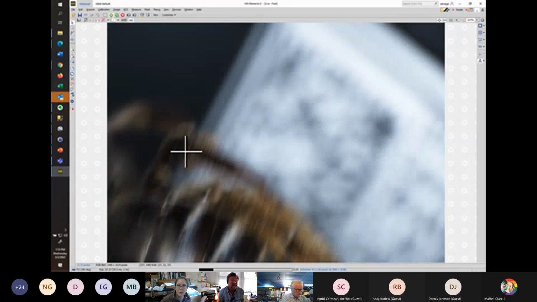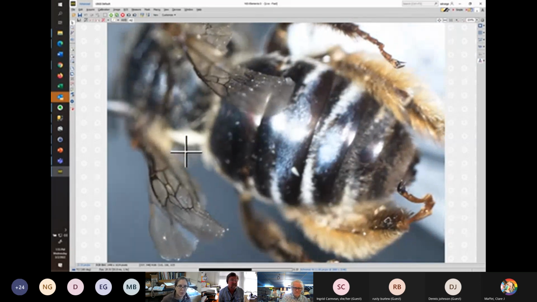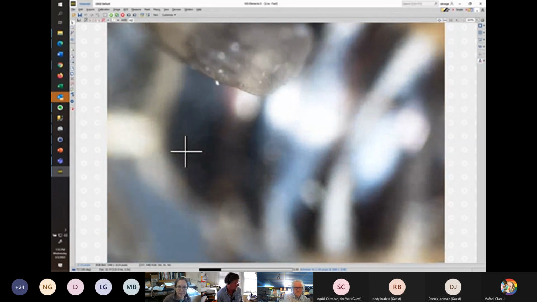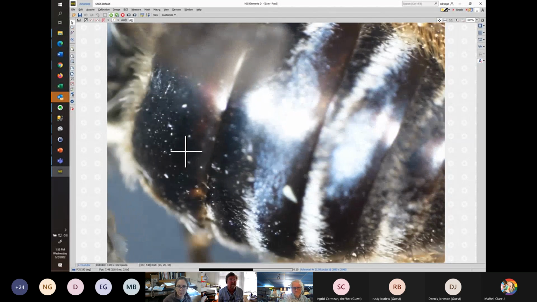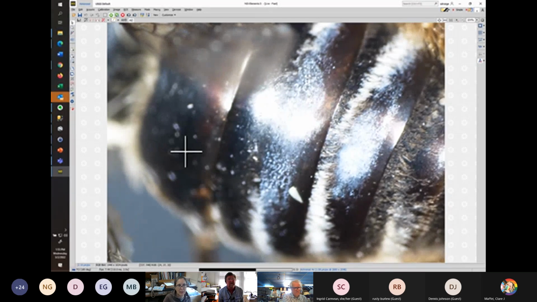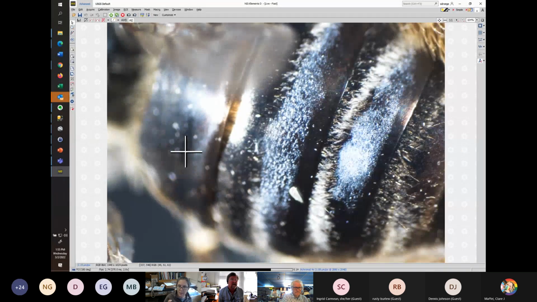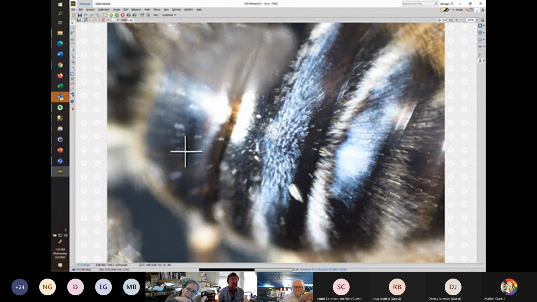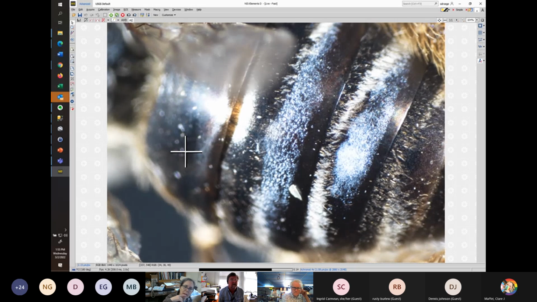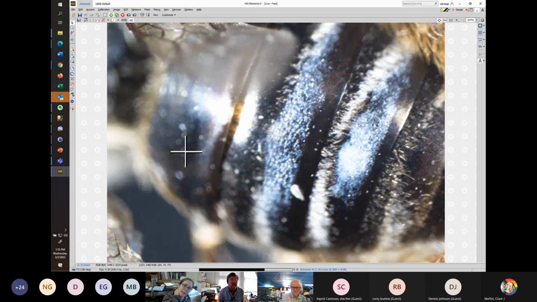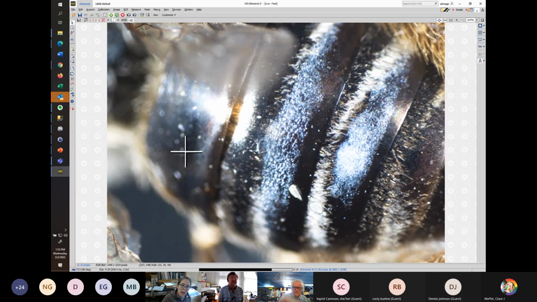And then underneath that hairband, you have almost no punctures, really smooth and shiny, almost reflective area with very, very few punctures. And if you had that super high arched band, a lot of times it's interrupted. This one looks like it's tucked underneath the next terga, or hard to see there. Yeah. But anyway, T3 we're mostly seeing.